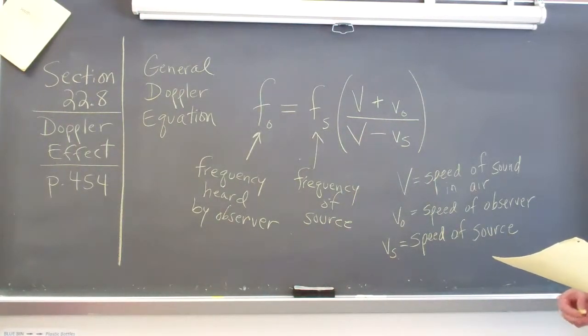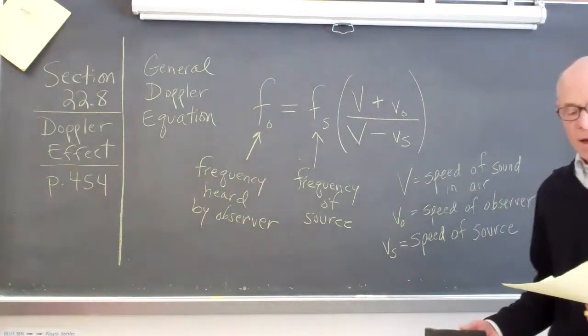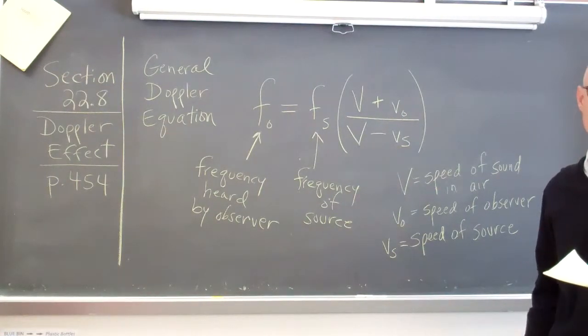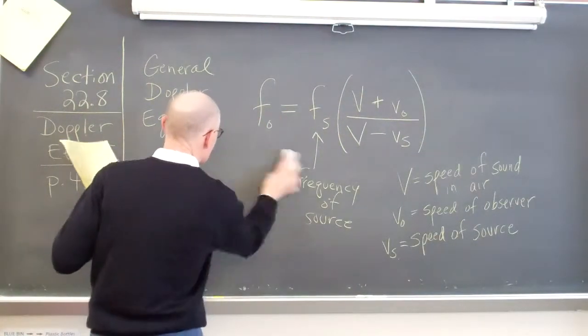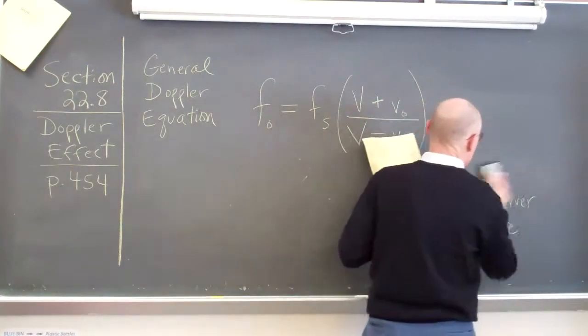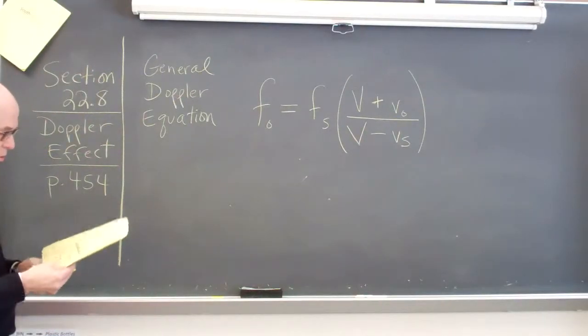All right, and then the last thing we need to define in this equation is a sign convention. We have to account for whether a speed is causing an approaching situation or a moving away. So here's the sign convention that we'll use.